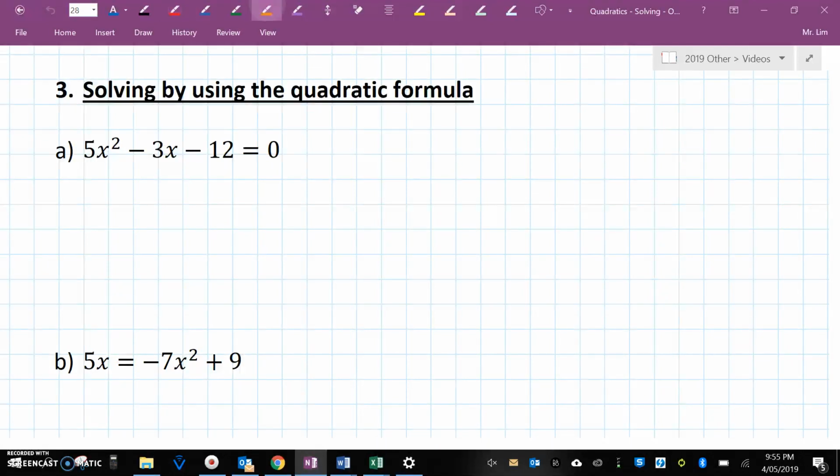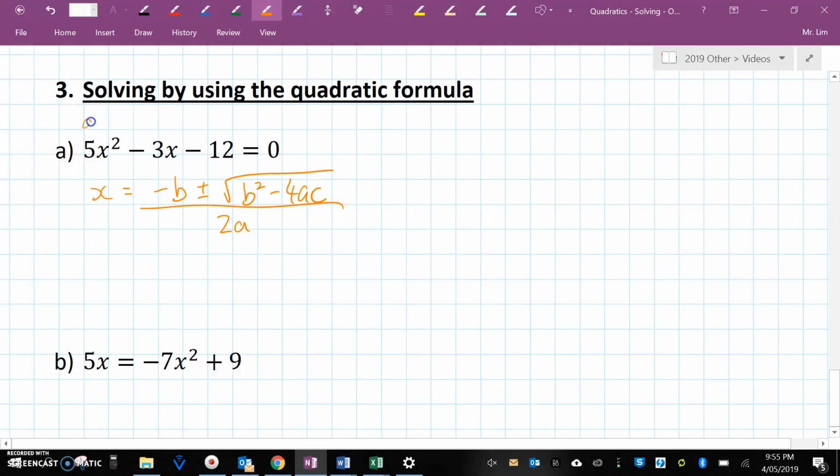So the quadratic formula is x is equal to minus b plus or minus the square root of b squared minus 4ac all over 2a. And so all we need to do is substitute the values of a, b, and c into the formula.